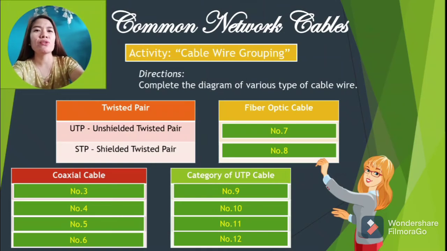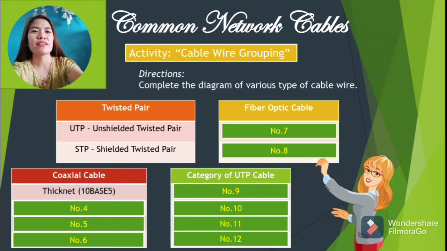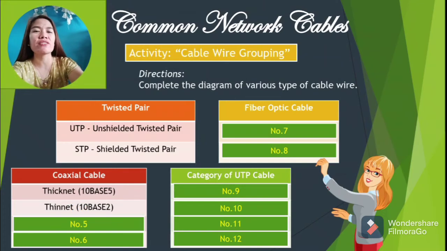Let's proceed to the coaxial cable. Number 3. Another 5 seconds. Okay, the answer for number 3 is thicknet or the 10Base5. Very good. How about number 4? Okay, thinnet rather, or the 10Base2. That's good.